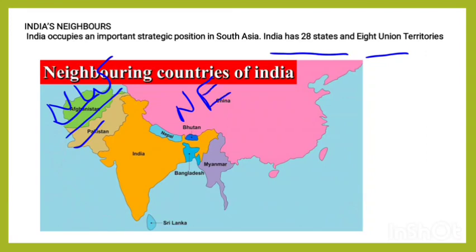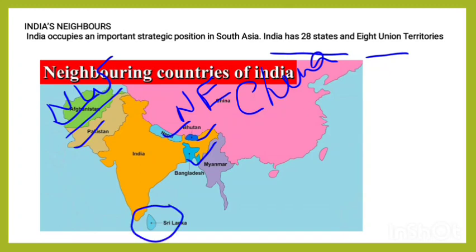In the northeast there is China, Nepal and Bhutan. In the east Bangladesh and Myanmar are there, and Sri Lanka is in the southern part, and Sri Lanka is an island country.